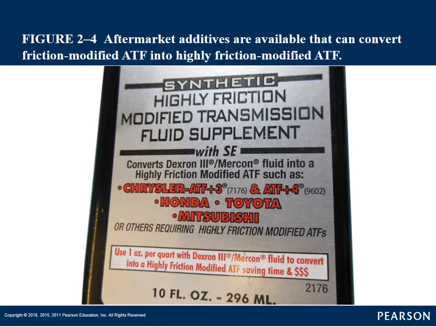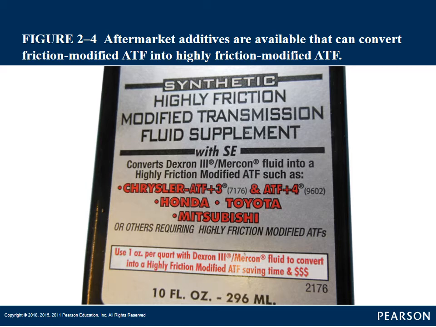Here's a picture of an additive. Okay. This is an example of the additive that I was talking about earlier for Chryslers. Okay, usually they tell you what the base fluid should be. Here it tells you it converts Dextron 3 Mercon into a more highly friction modified automatic transmission fluid.